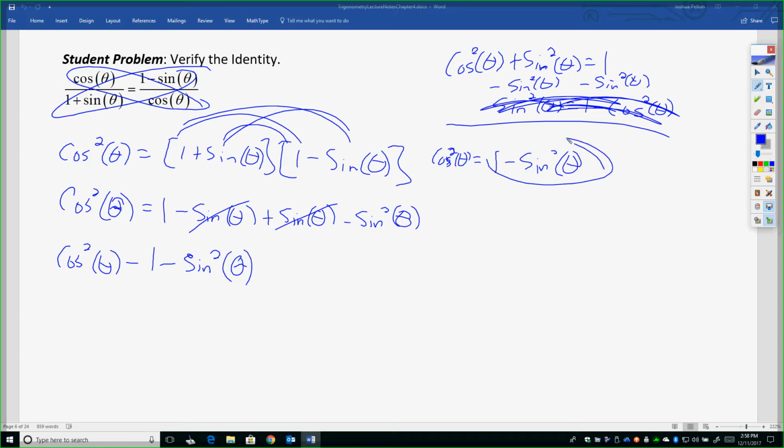That's the value of cosine squared, which is this right here. So cosine squared of theta equals cosine squared of theta. Okay, and we proved it. Okay, let's try the next page.